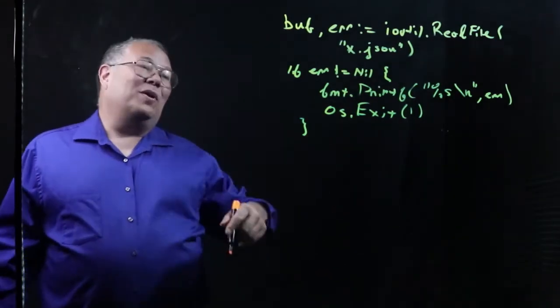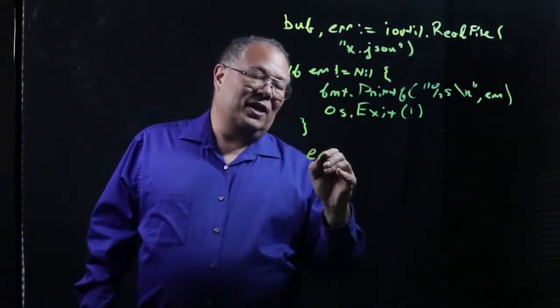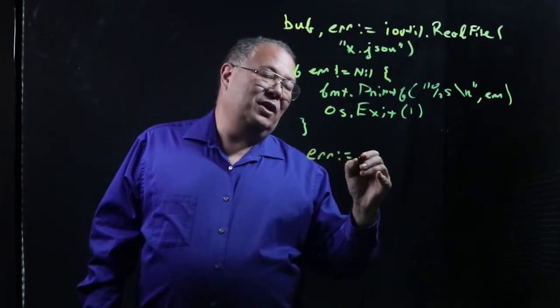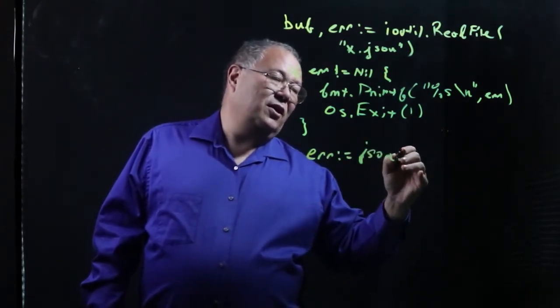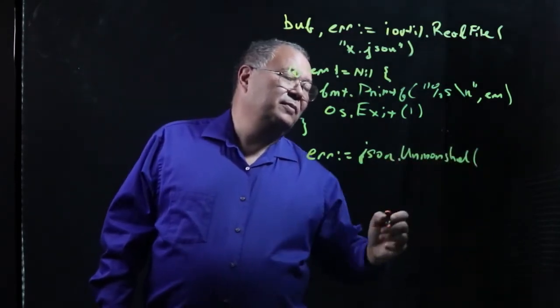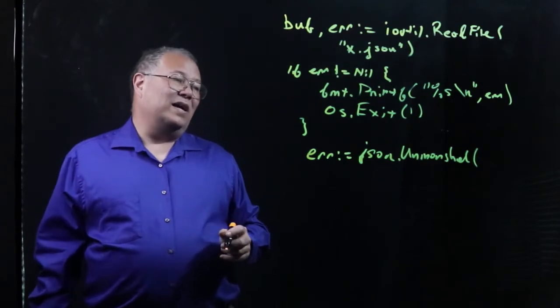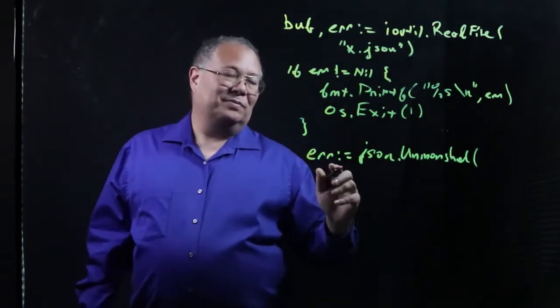Now, once we have this buffer read in, we'd like to convert it to whatever our data type is. And so we're going to say error equals, and there is a JSON package, json.Unmarshal. And the 2 things that we need to pass to Unmarshal are the buffer.